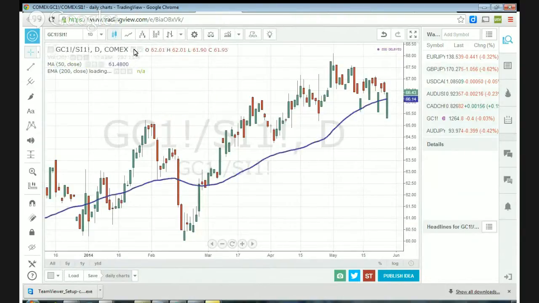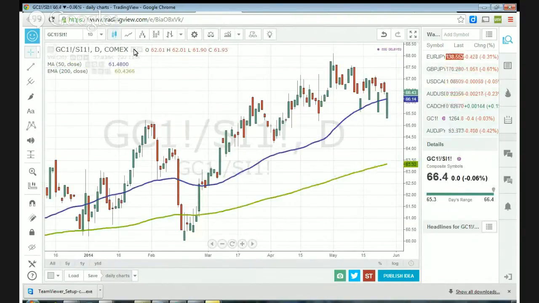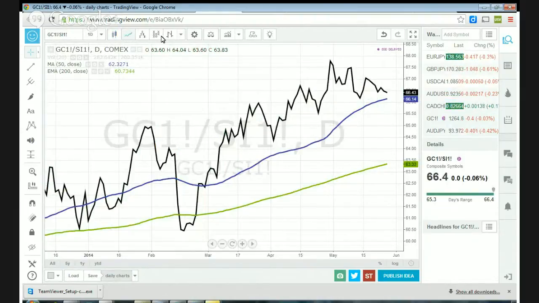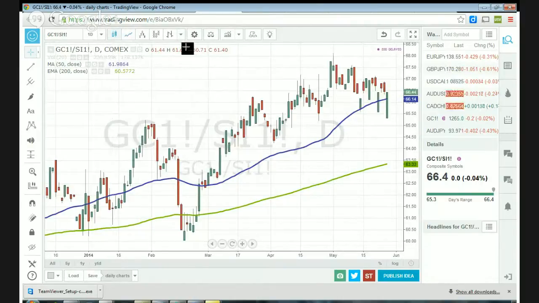Okay, so the gold-silver ratio moved significantly yesterday, and let's view this as a candle chart. A big move up in the gold-silver ratio. That shows that silver was more volatile and declined more than gold did.